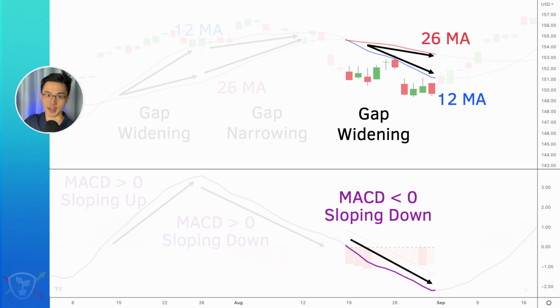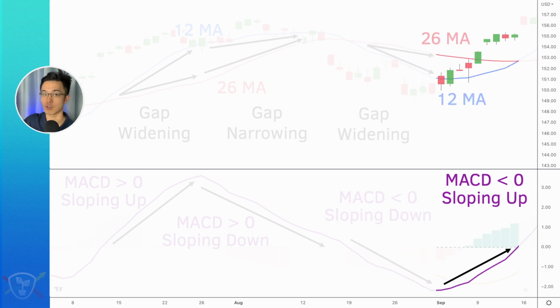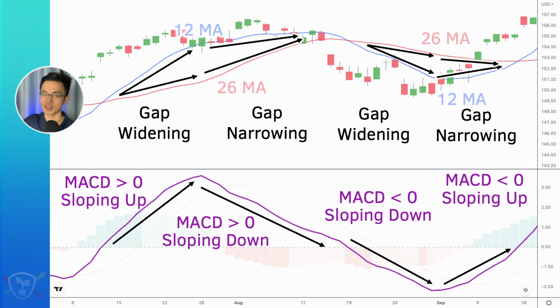Whereas if the MACD line is negative but sloping upwards, this means that the 12 and 26 period moving averages are coming closer together. The gap between them is narrowing. And when this happens, we see that the price downward momentum is slowing down, or the prices could actually be moving upwards.